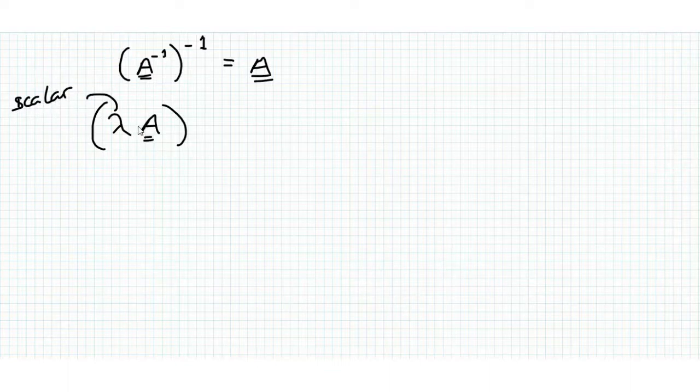My notation is one underline is a vector, two is a matrix, okay, just so we're clear. And we take the inverse of this, well, this turns out to be equal to 1 over the scalar multiplied by the inverse of A.